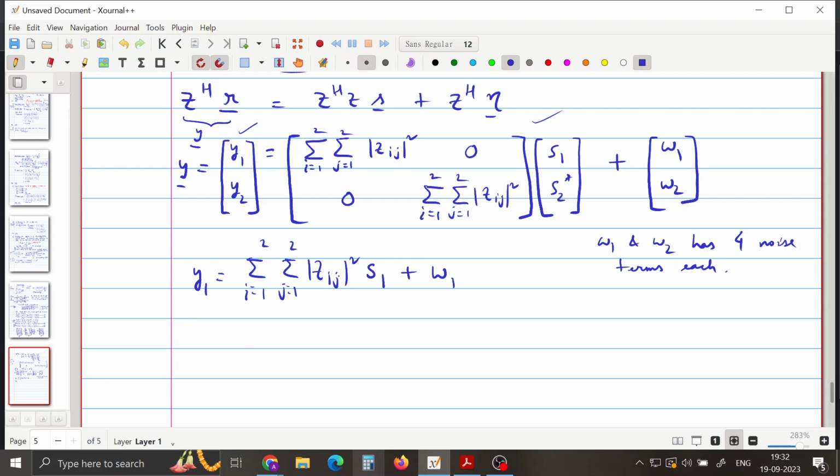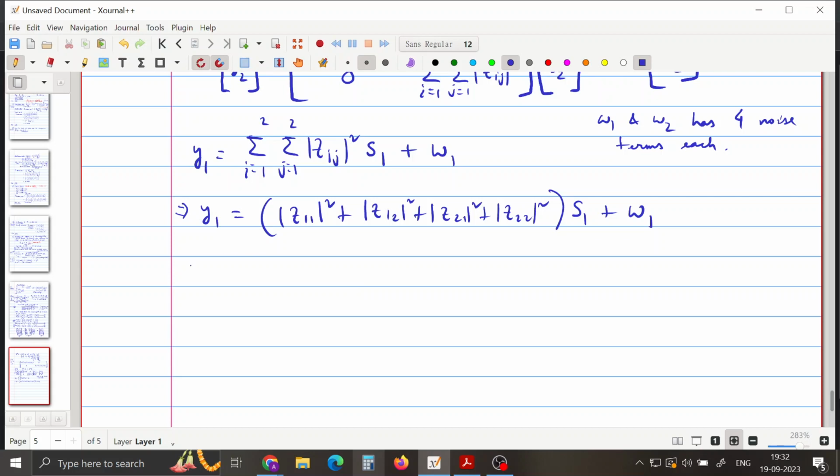So your y1, if you expand this, this is the compact representation of that summation of 4 terms, right? So this is this thing, right, times s1 plus w1, okay?